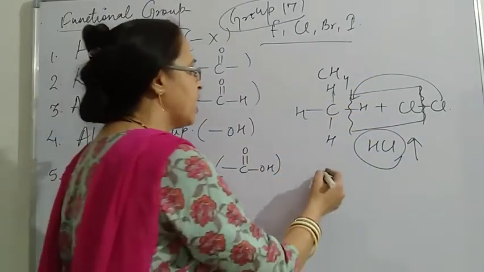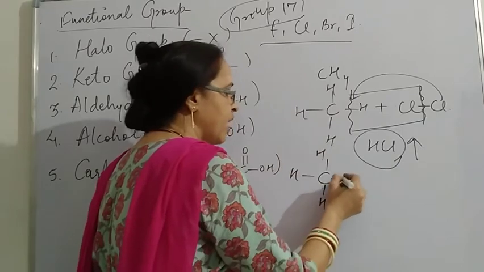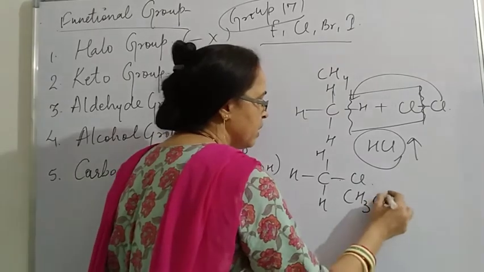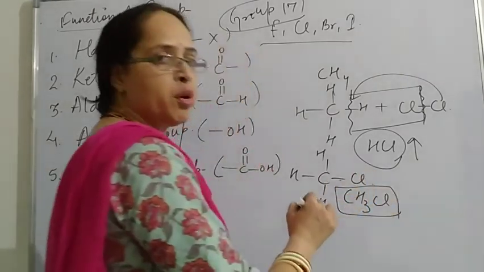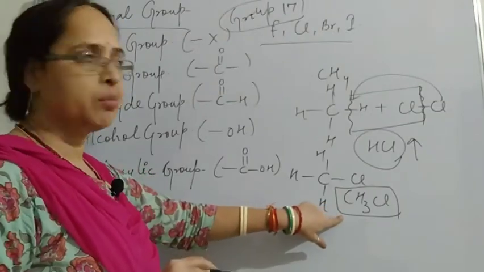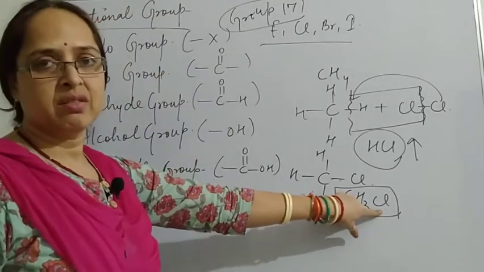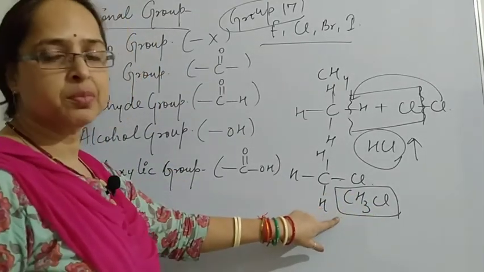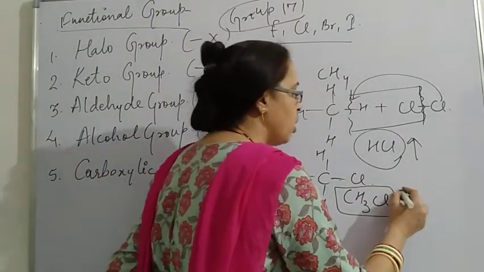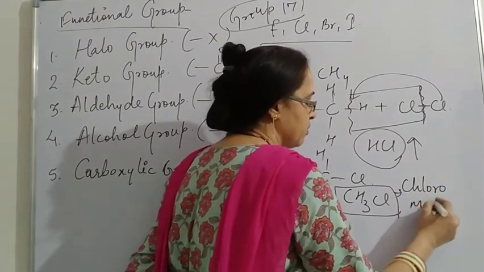So here it comes that this is 3 hydrogen and here comes Cl. So it comes to be CH3Cl, and the name of this compound now is not methane. We don't call it methane because one hydrogen has been removed. Due to this chlorine atom attached with the methane molecule, replacing one hydrogen, it will now be named chloromethane.